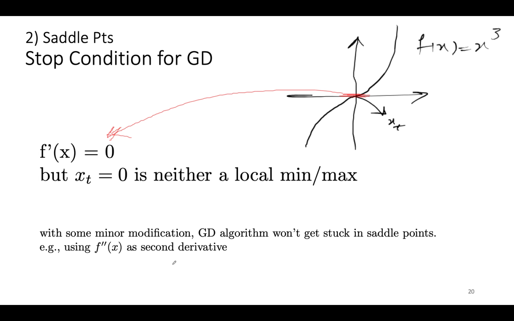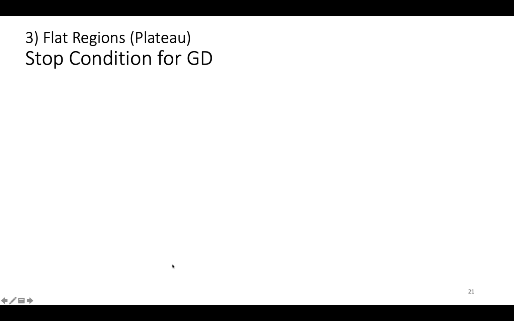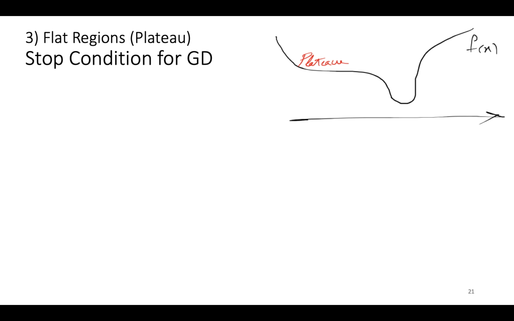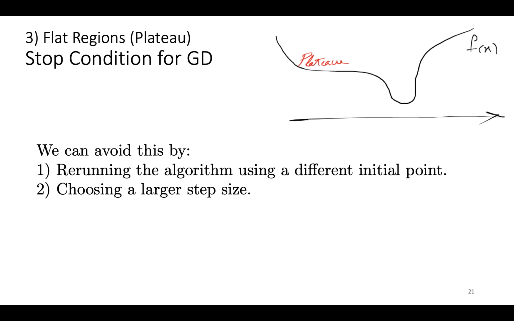All right. The third stopping condition, and it's very, very common, is that you hit a plateau, and there's no way to skip that plateau, right? So how are we going to avoid this? Just like before, either we reinitialize and rerun gradient descent, hoping that starting from here, perhaps we start there, and we can descend easier.